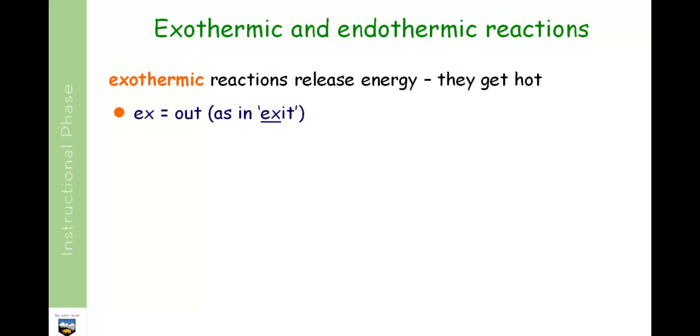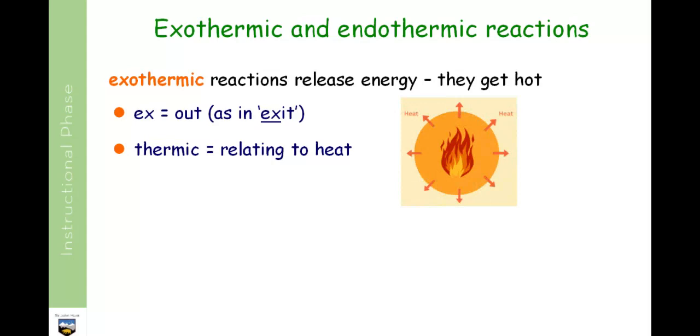Exo, to give out, X referring to exit. If you exit somewhere, you go out of it. So X means out, heat energy being given out. Exothermic. And remember, guys, thermic just relates to heat. So exo, giving out, thermic, heat. For example, combustion reactions, burning.